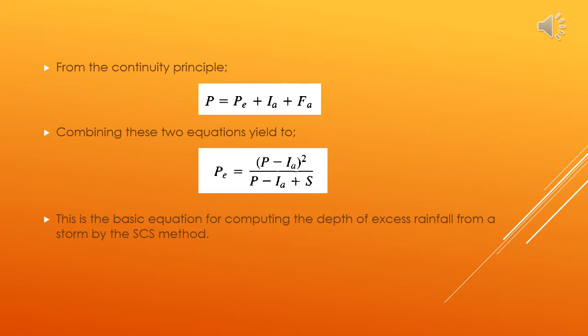This is the basic equation for computing the depth of excess rainfall or direct runoff from a storm by the SCS method.